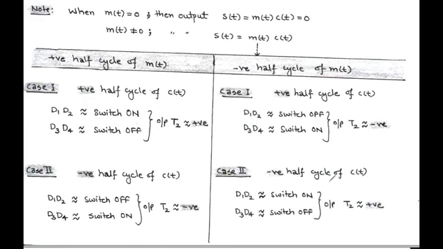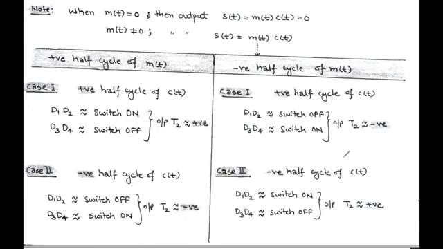And in case 2, when we consider a negative half cycle of the carrier, the diodes D1 and D2 are forward biased and D3, D4 are reverse biased or switched off, and we get a positive output at transformer T2.